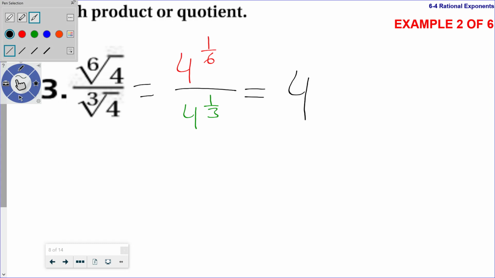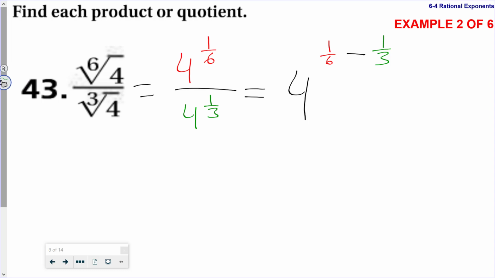So this is equal to 4 to the 1/6 minus 1/3. So when you multiply and the bases are the same, you add the exponents. When you divide and the bases are the same, you subtract the exponents. So 1/6 minus 1/3.